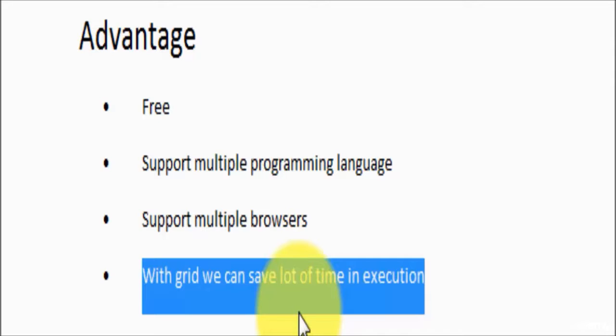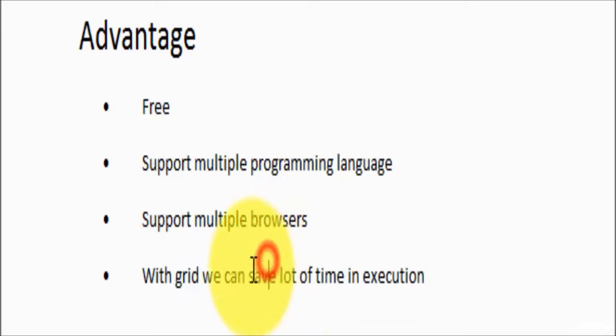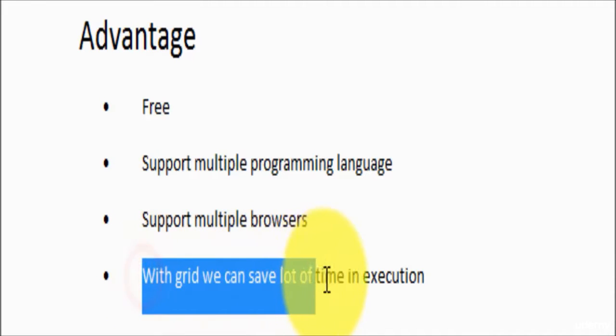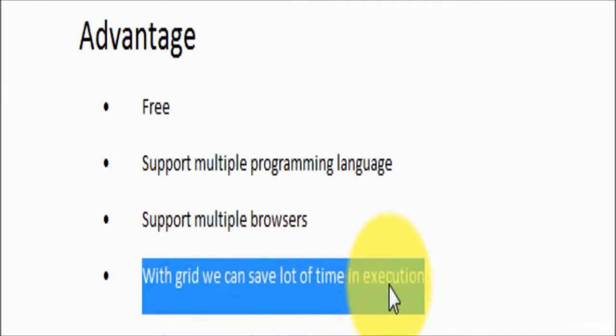If I execute all 100 test cases in sequential manner, it's going to take 100 minutes. But with the help of Grid, we can execute multiple test cases in parallel. If we execute 4 test cases in parallel, my total execution will complete in 25 minutes. That's the biggest saving in terms of time. Before it was taking 100 minutes, now it's taking only 25 minutes. So we can save a lot of time in execution.